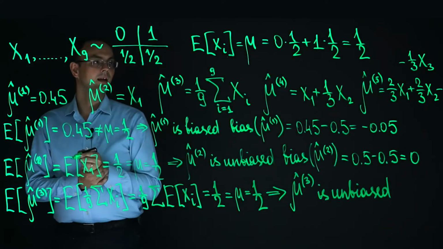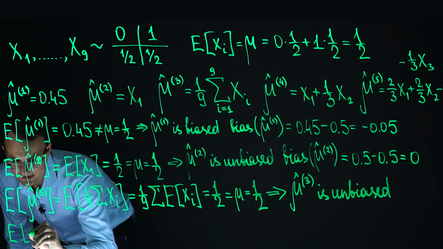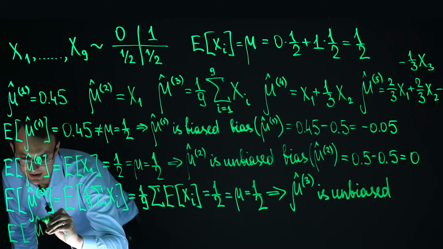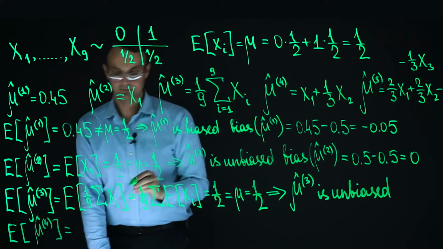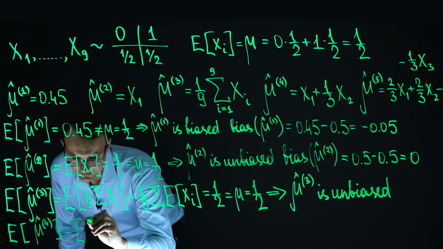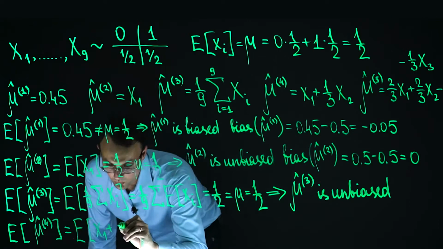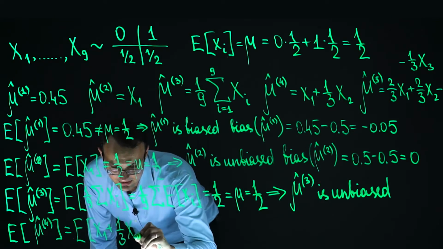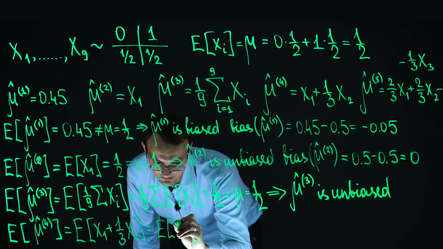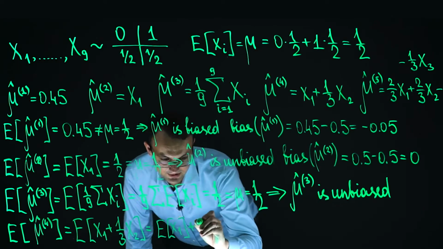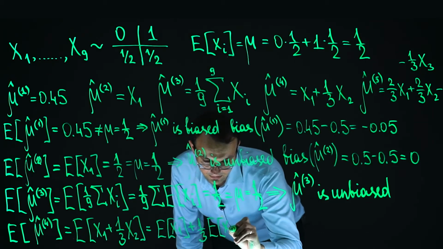Then, as for mu hat 4, the expected value of mu hat 4 is the expected value of x1 plus 1/3 x2, that is E of x1 plus 1/3 times E of x2.